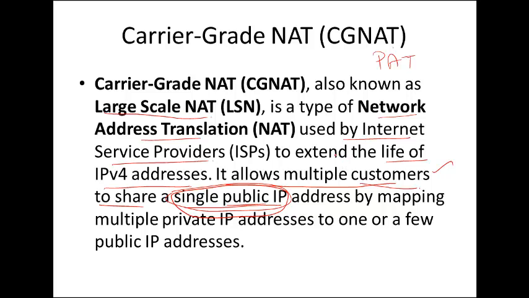We have 65,000 port numbers, and only the reserved ports, 1 to 1023, are excluded. So you get around 64,000 port numbers. We have multiple customers, and we get them translated with a single IP address but different port numbers.